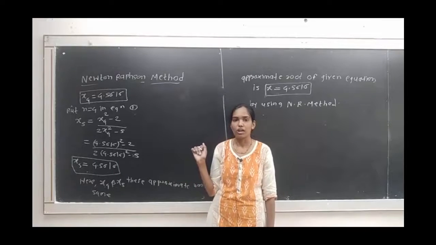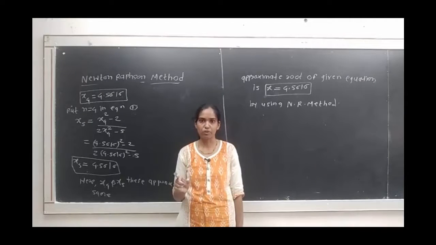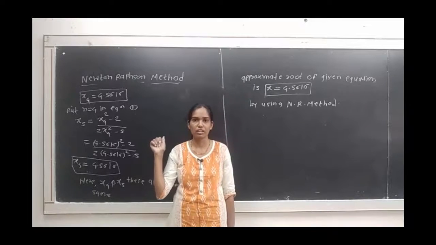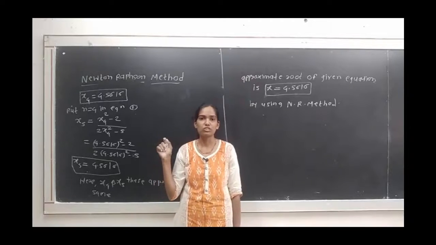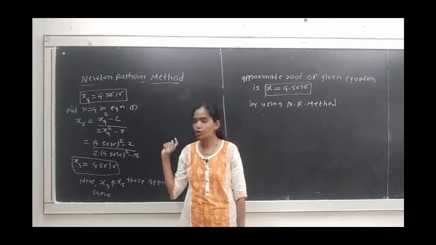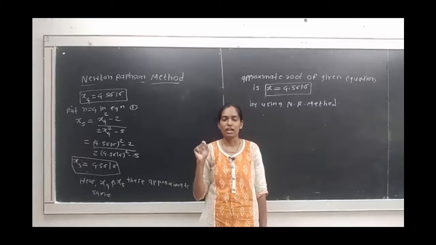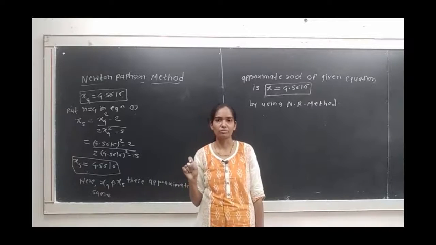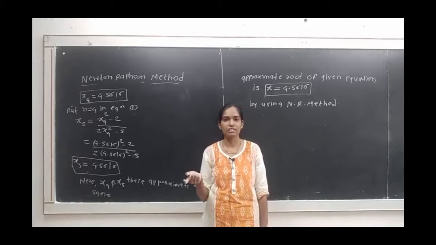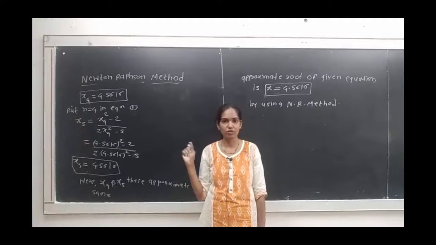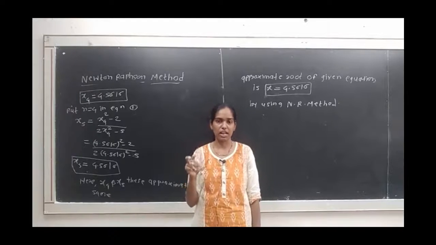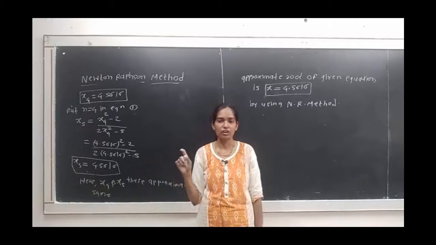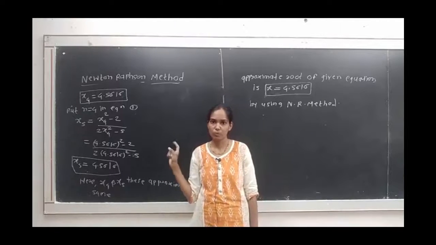For that, we first consider the initial approximate root, which is given in the example, and using it in the NR formula, x(n+1) = xn minus f(xn) divided by f'(xn) for n = 1, 2, 3 and so on, we find the successive approximations, and stop the procedure when two successive roots are the same, or their difference is negligible.